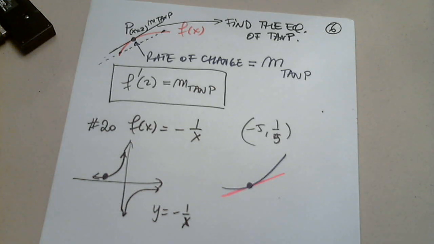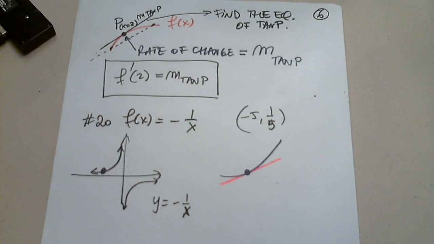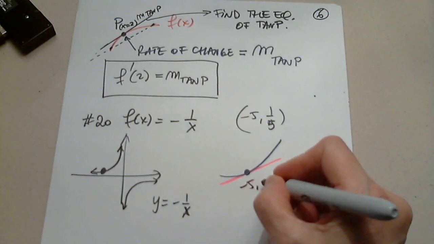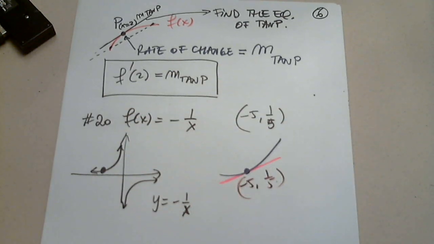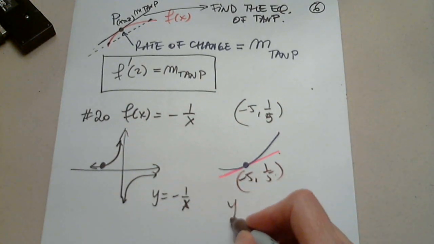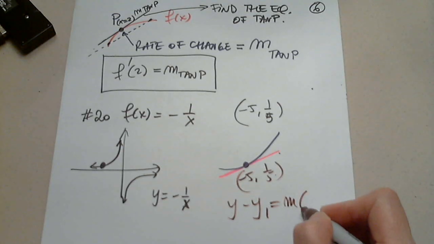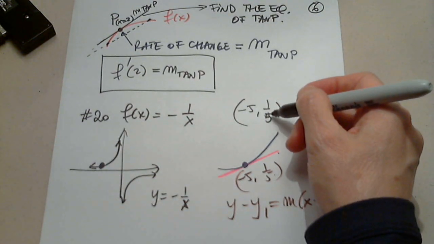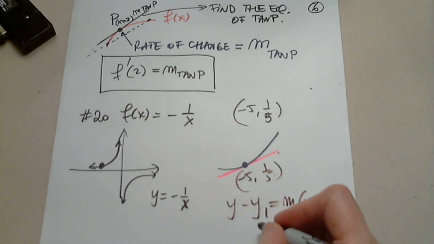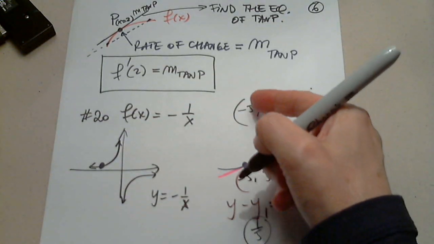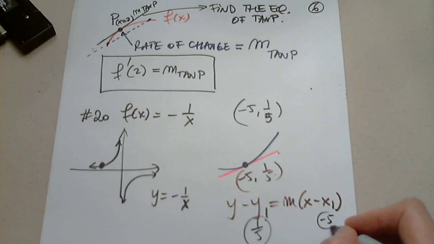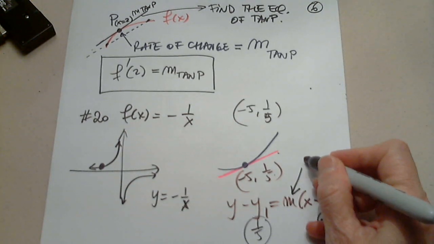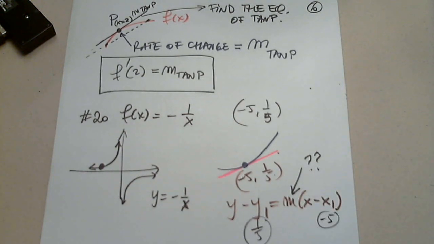So I have the point, and the point is (-5, 1/5). I know the equation of the line is y minus y1 equals the slope times x minus x1. This we know from a long time ago. And I will plug in what I have. y1 is 1/5, and x1 is -5. But the question is, how do I find the slope?